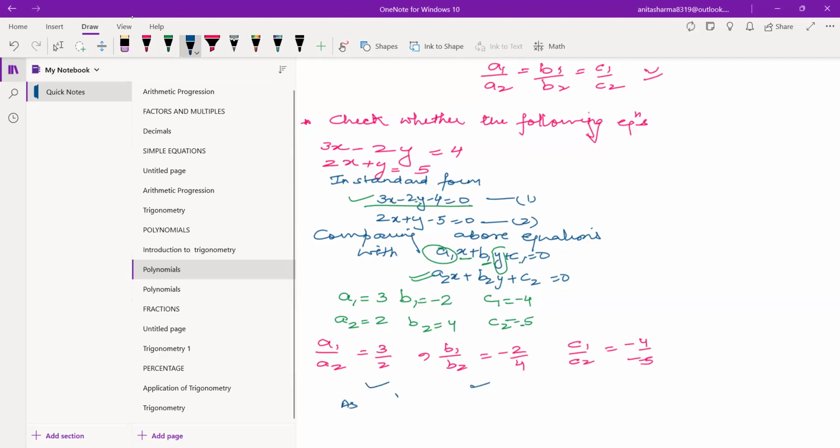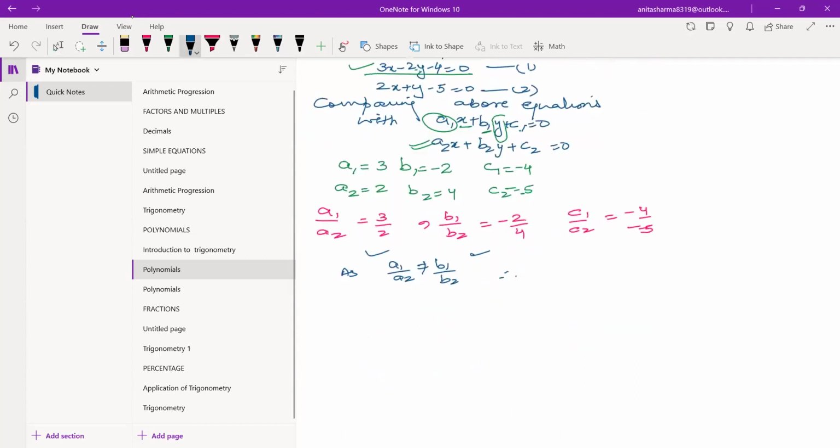So a1 upon a2 is not equal to b1 upon b2, therefore the lines are intersecting. And second, they have a unique solution. And third, the system is consistent.